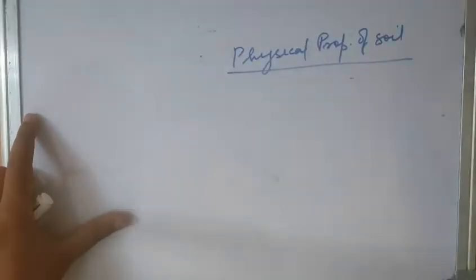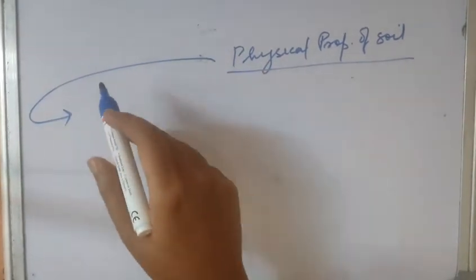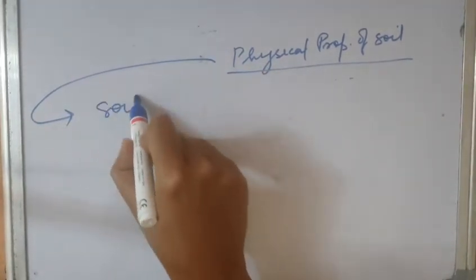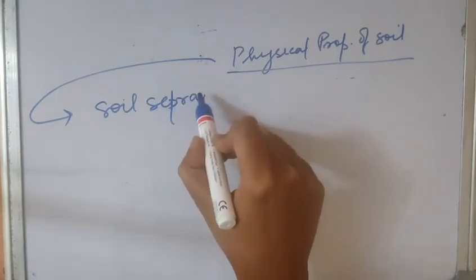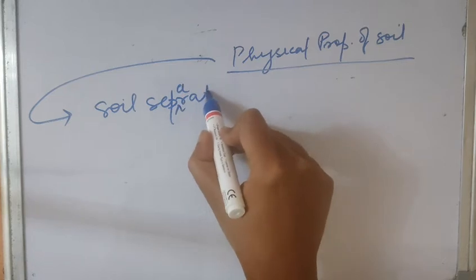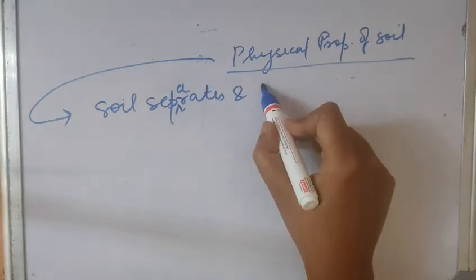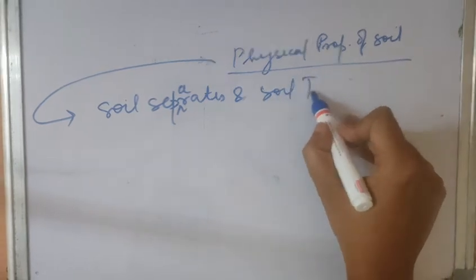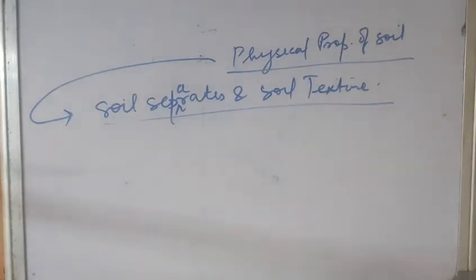Physical properties of soil. So the first important property is soil separates and texture. It is divided into different classes as per the size.